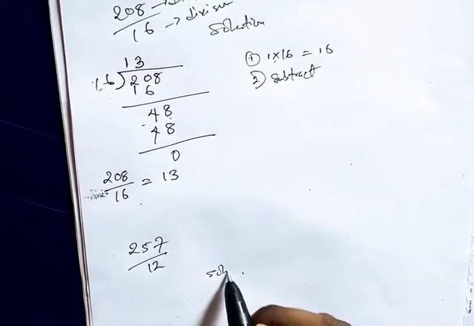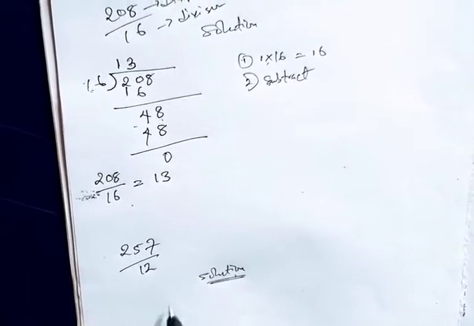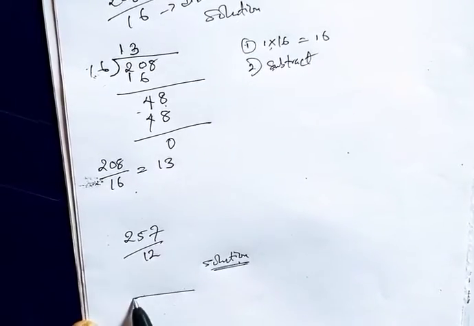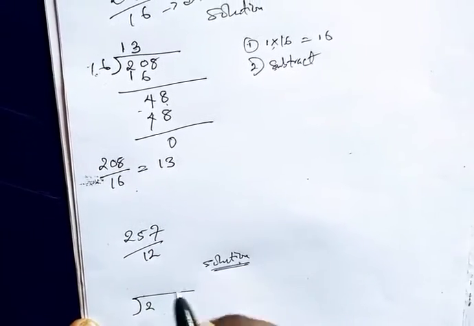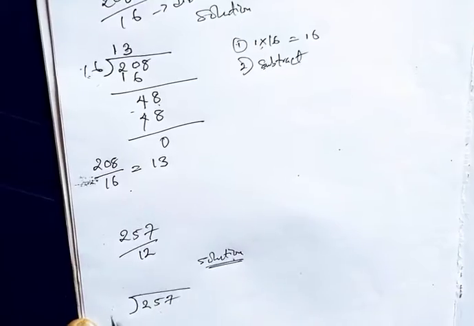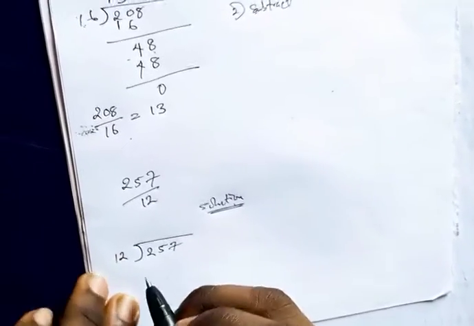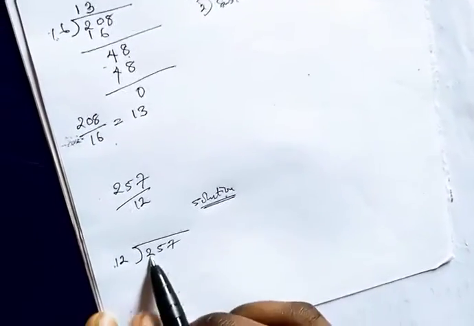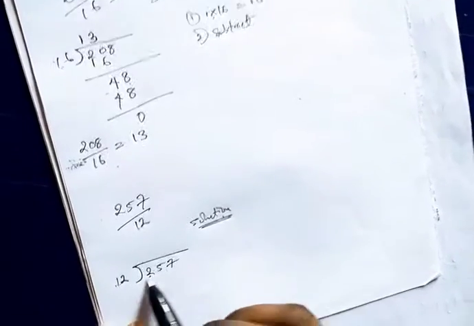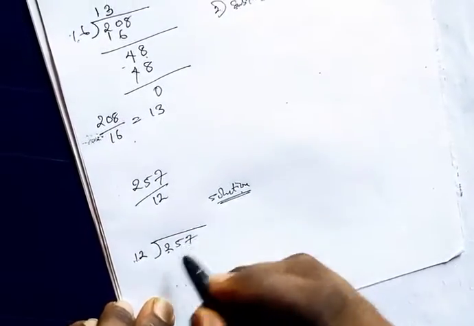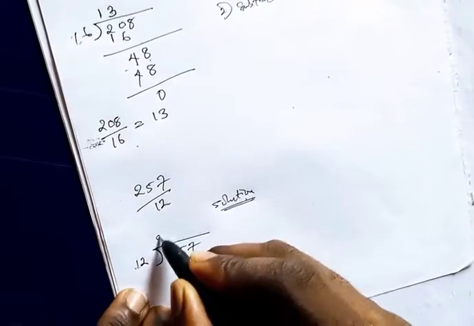So we say solution, put our dividend in here and our divisor in here. Okay, now can 12 go into 2? No, but 12 can go into 25, and it can go in twice.